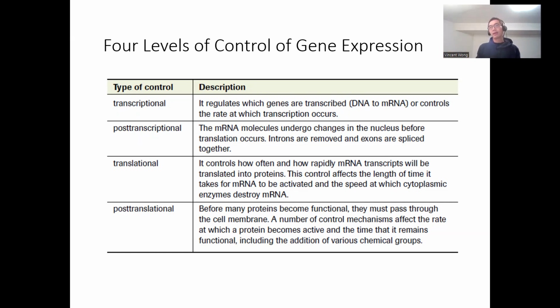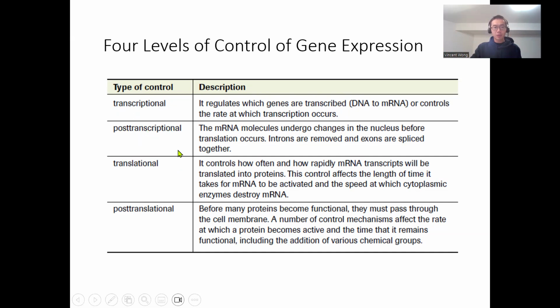Now, I didn't really tell you this before, but it turns out you can pick and choose what exons to keep. So if you decide to keep exon 1, 2, 3, 4, the protein might be a little bit different than when you decided to keep exon 2, 4, 6 only. So you have a little bit of control there.